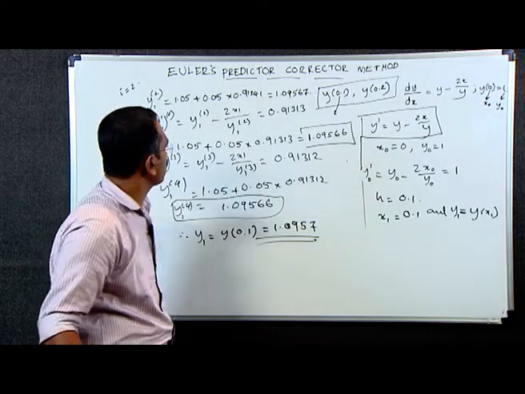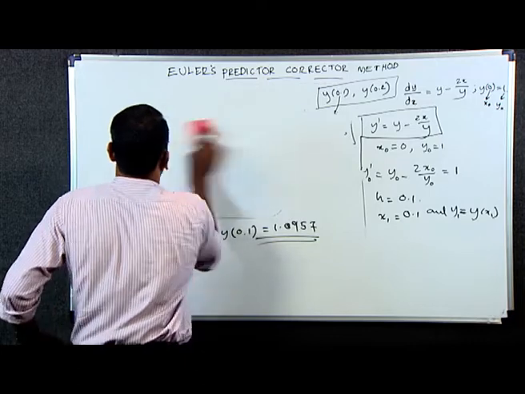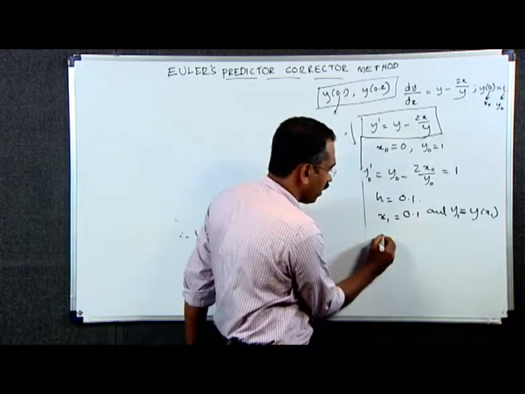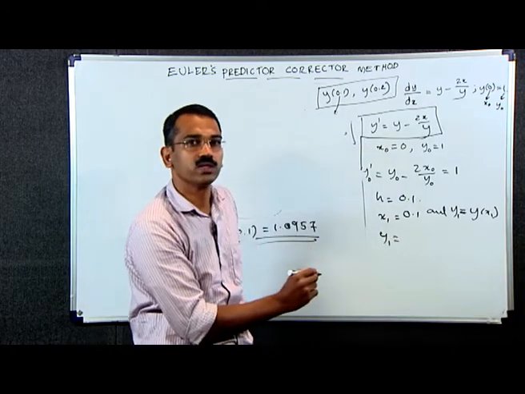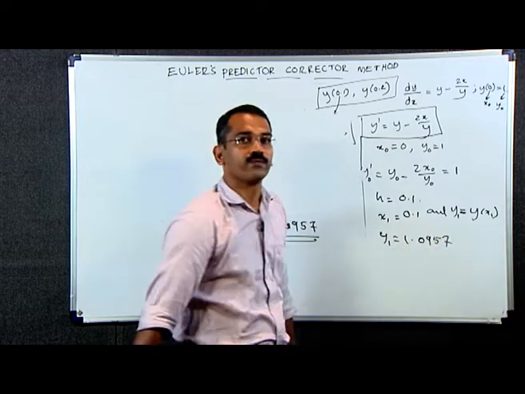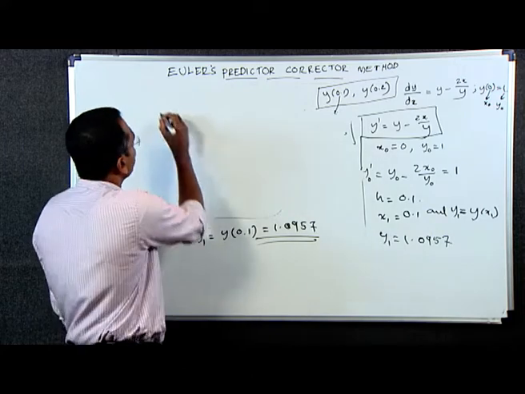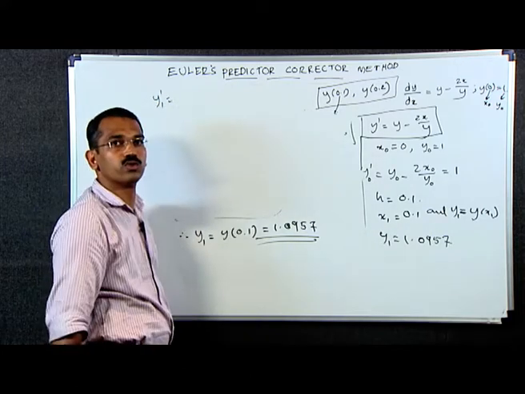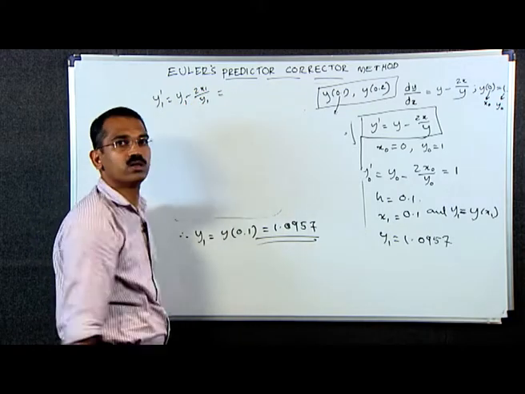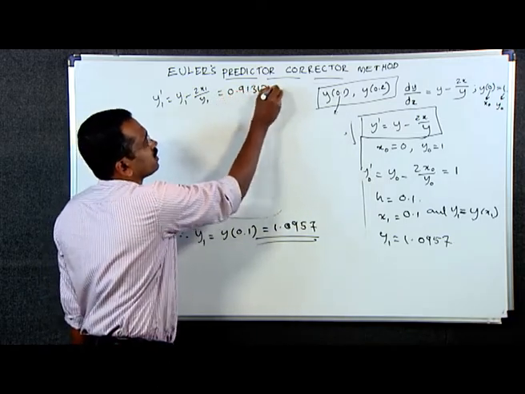Now, we take x1 equal to 0.1, y1 equal to 1.0957. We will obtain y1' equal to y1 minus 2x1 divided by y1, which is equal to 0.91317.